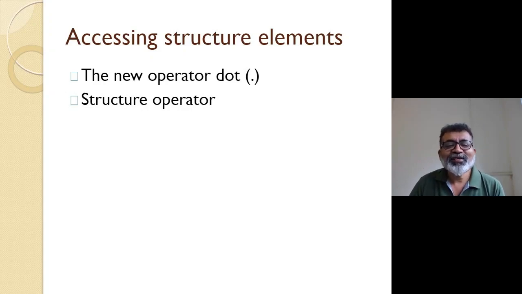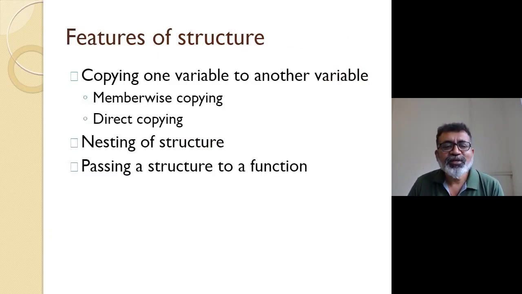Then the dot operator I have shown you. Structure pointer operator means the arrow operator. Copying one variable to another variable I have shown. There is member-wise copy and direct copying. I have shown you direct copying, not member-wise copy. Member-wise copy is like, instead of E3 is equal to E2, you will write E3 dot birth date is equal to E2 dot birth date.